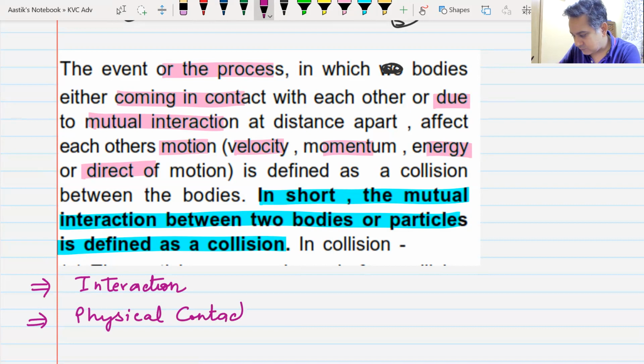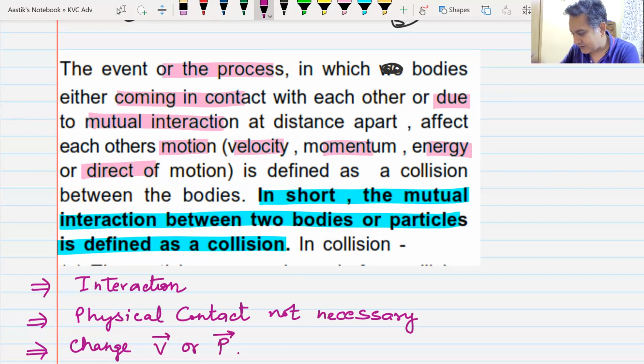They can remain away from each other, still we call it collision. They change the velocity or momentum of each other. Do we understand this? Momentum or the velocity of the particles are changed.